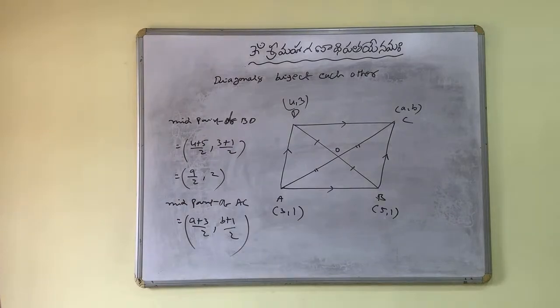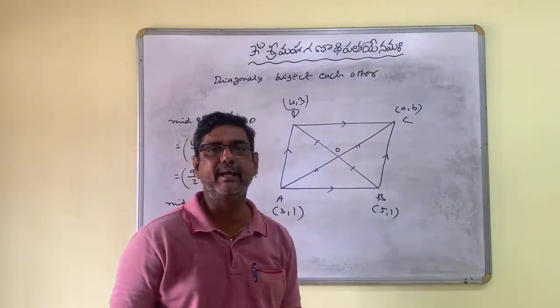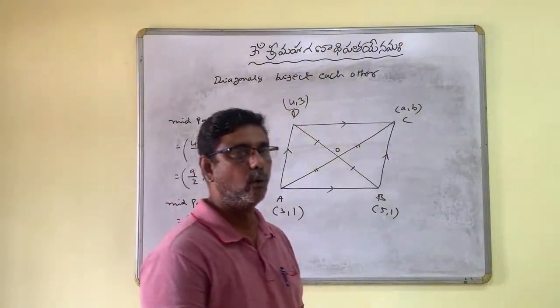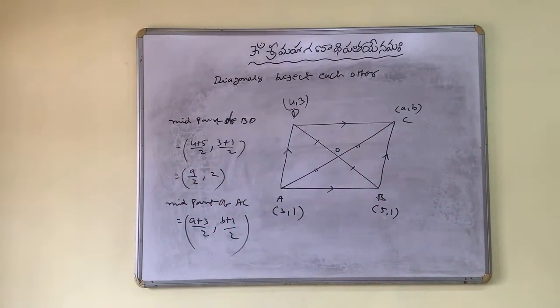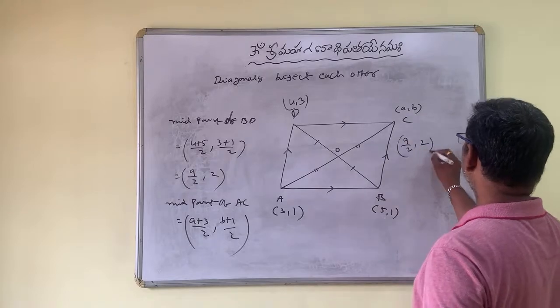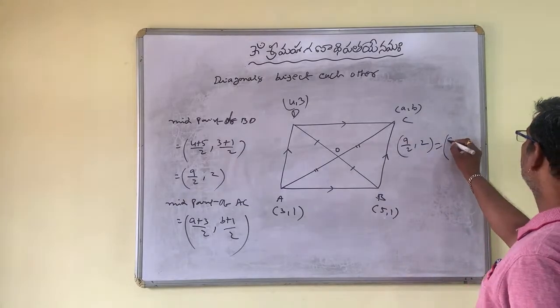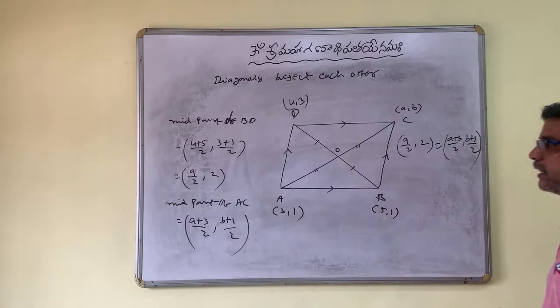Interestingly, both are the same. That is O. That means 9 by 2 comma 2 equals a plus 3 by 2 comma b plus 1 by 2. This is what you have to understand.